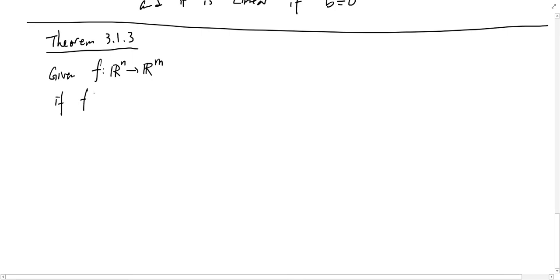If the function f of vector x, and here vector x is in Rn because that's the domain of the function, is a linear function, then this must be true.